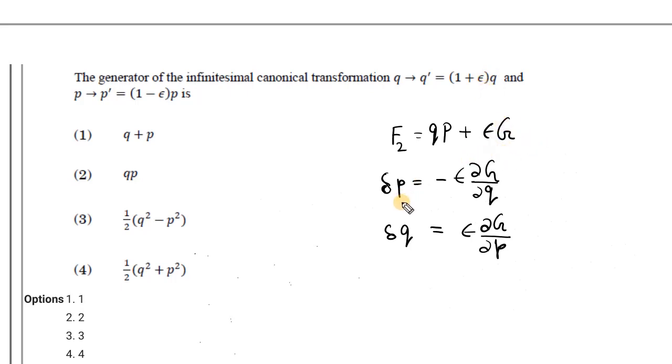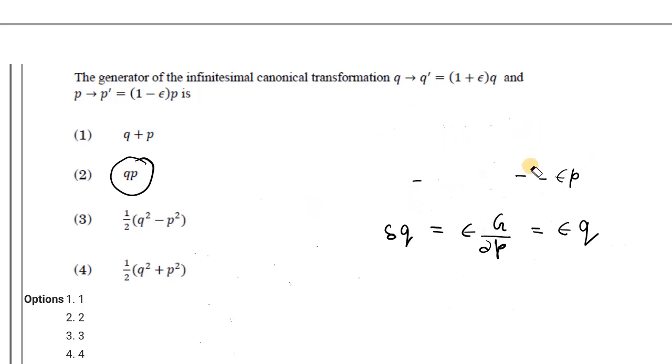So the change delta p equals minus epsilon del G by del q, which is minus epsilon p, and delta q equals epsilon q. Can you get G, the generator of that transformation, from now? So del G by del q is p, del G by del p is q. Then what option comes? Done. As simple as that. Well, we'll remove this and proceed.